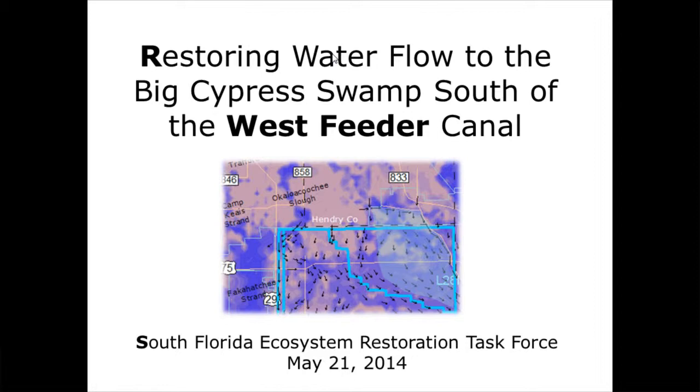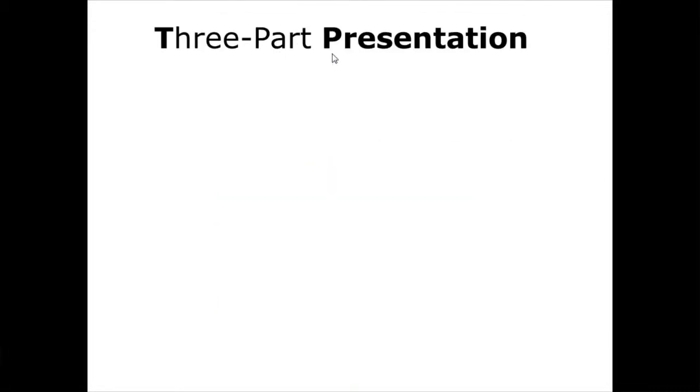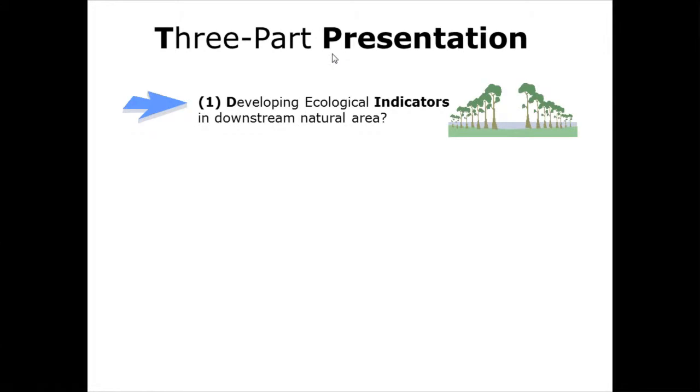Because we were running out of time at the meeting, it was recommended that I tape the PowerPoint so everybody could review it at their leisure. It's a three-part presentation. The first part is on this idea of developing ecological indicators in downstream natural areas.